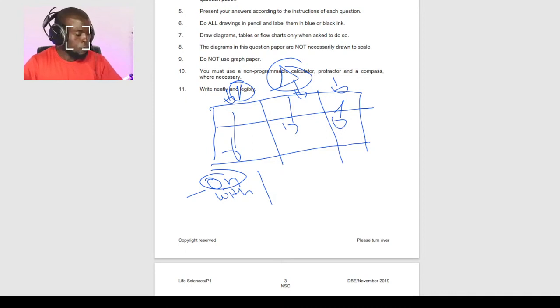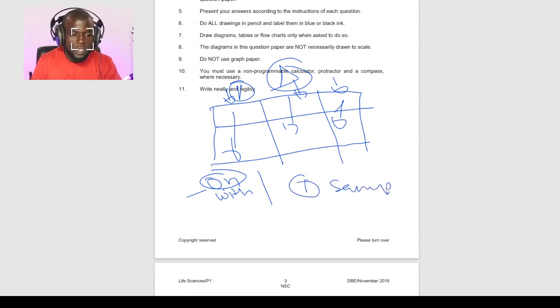No. Basically, reliability: how do I increase the reliability of the experiment? Number one, you can talk about the increase of sample size. But you don't just say increase of sample size. It must depend on the question they have given you.